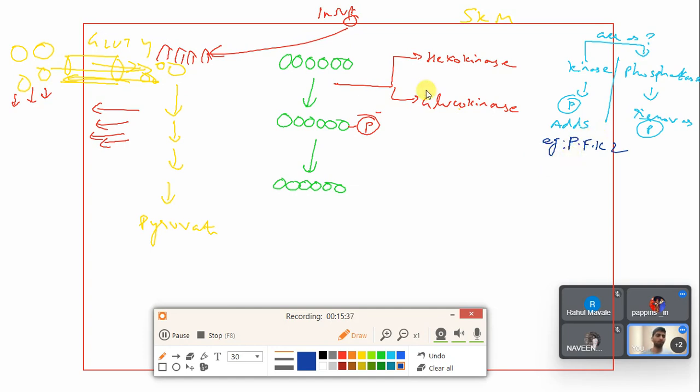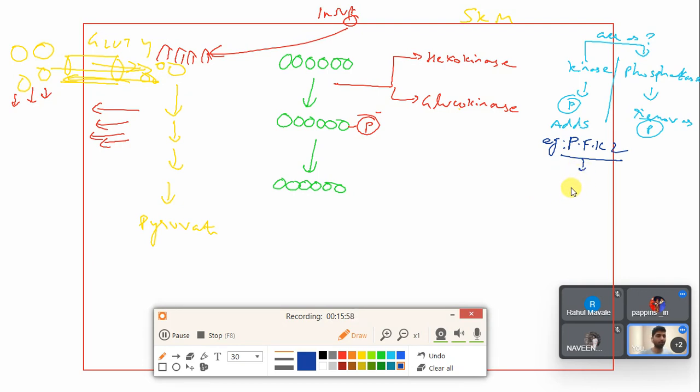We are learning about glycolysis, so these terms might be familiar. That's phosphofructokinase 2. This is a special enzyme. The polypeptide chain has two units, I don't remember exactly. One of the chains acts as a phosphatase, while the other acts as a kinase.